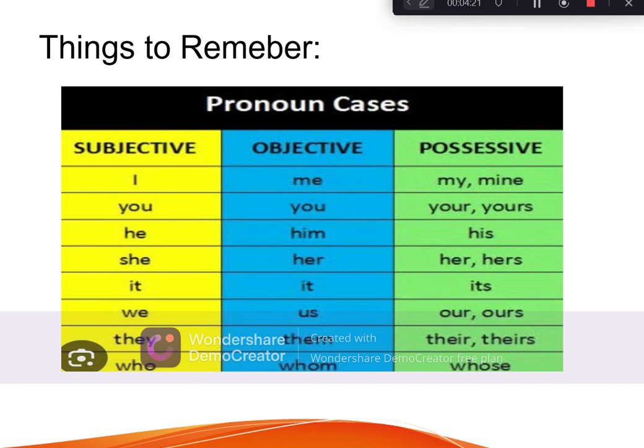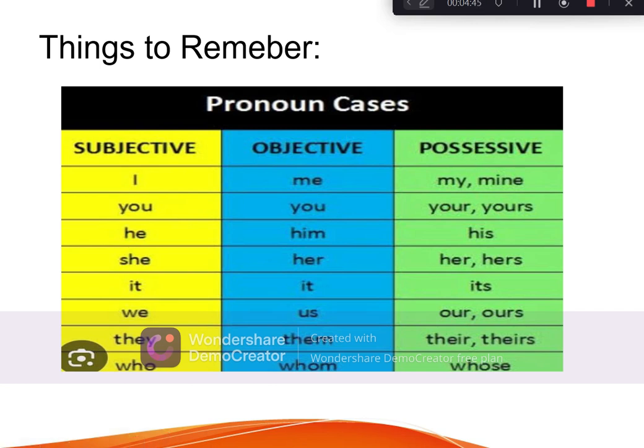Objective pronouns are those pronouns which can be used as an object in the sentence. As in the earlier slide, we learnt that objective pronouns are used after the verb and subjective pronouns are used before the verb. So me, you, him, her, it, us, them, and whom can be used as an object in the sentence.